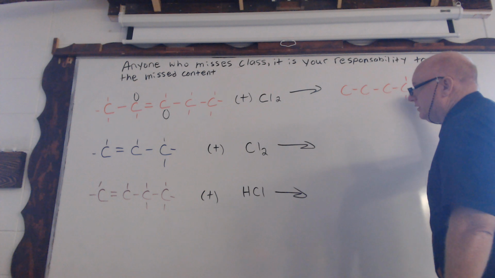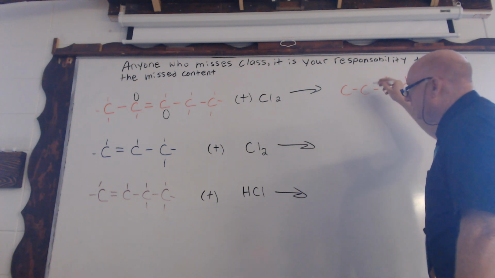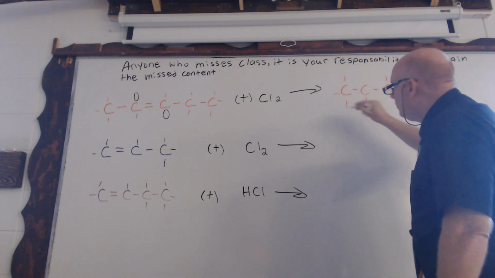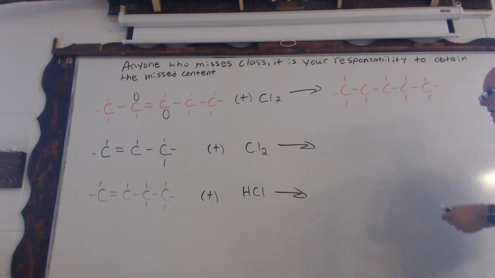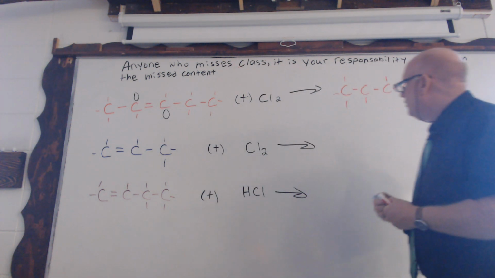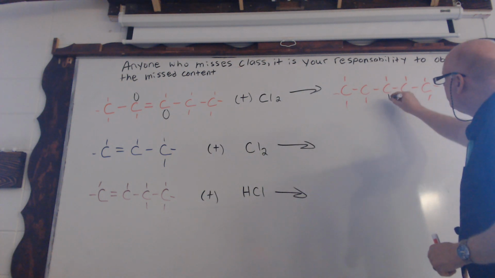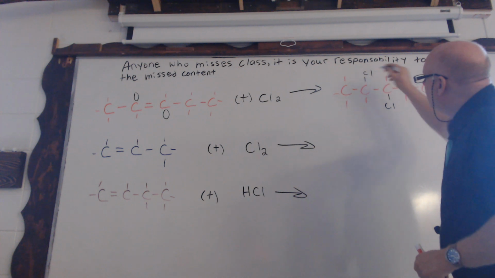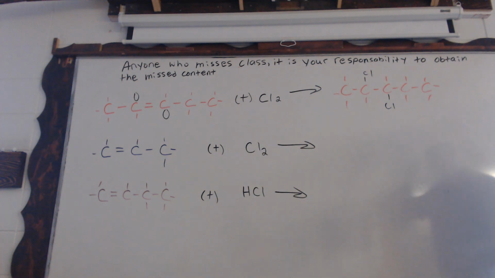All of these hydrogens are still in there. And then notice we put these in here because we have a couple of voids. So then, as you would probably presume, just like yesterday, the chlorines would attach there.